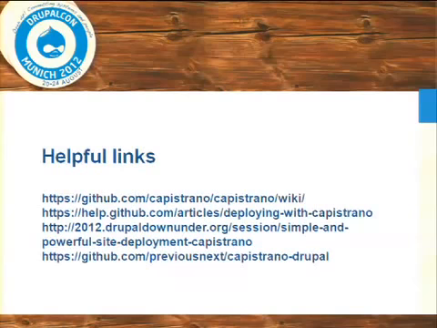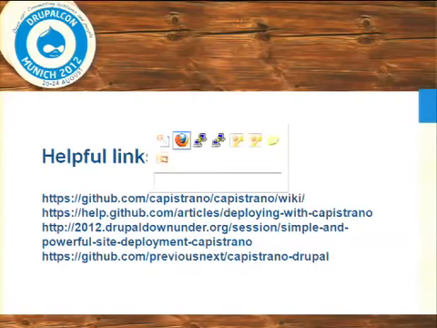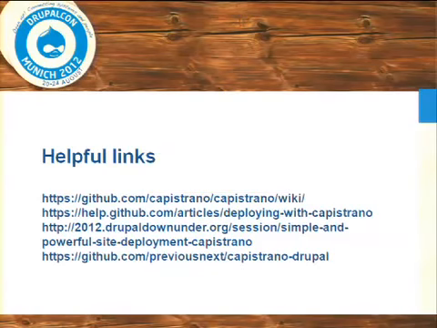I wanted to ask, you showed you can do rollback, right? You switch the symlink. Do you have something for the database there? Not with the Capistrano Drupal gem. It's not really concerned with doing a database deployment. It's just code. So, no, not for that instance.